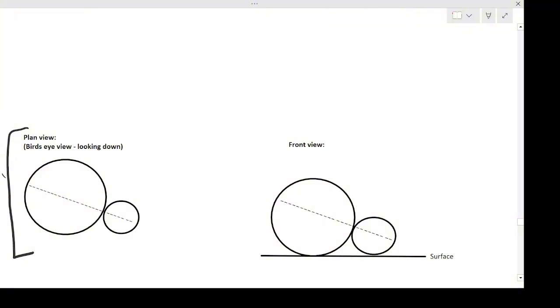Remember from GCSE, you should have looked at plans, front views and side views and elevations, stuff like that. So we've been looking at it through the plan view from the top down. When we look at the two spheres from the bird's eye view, it does look like just two circles like we've been doing so far.